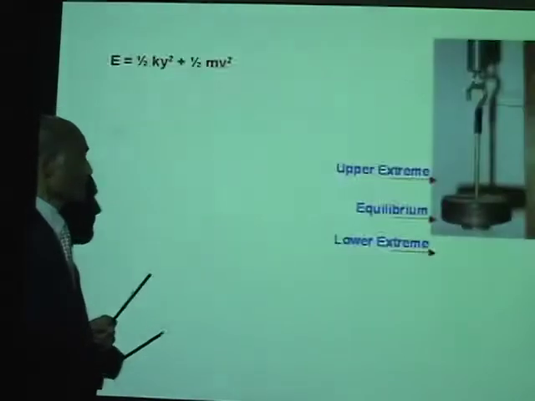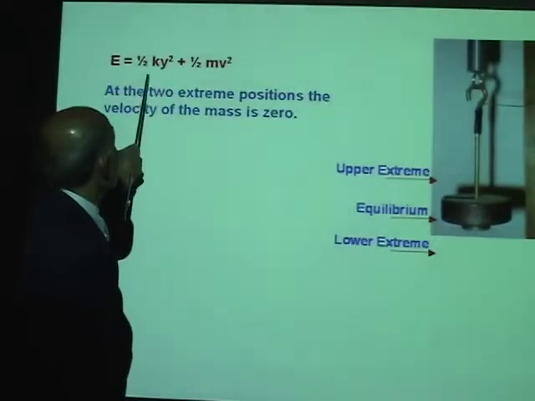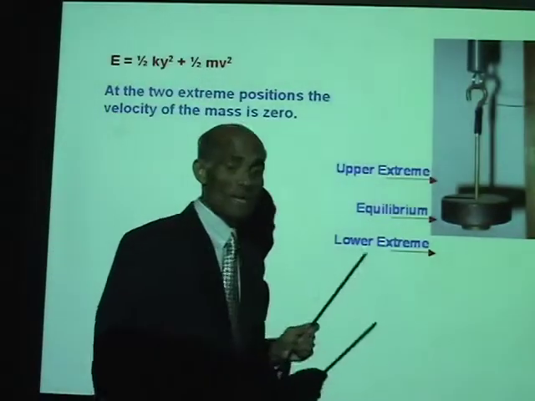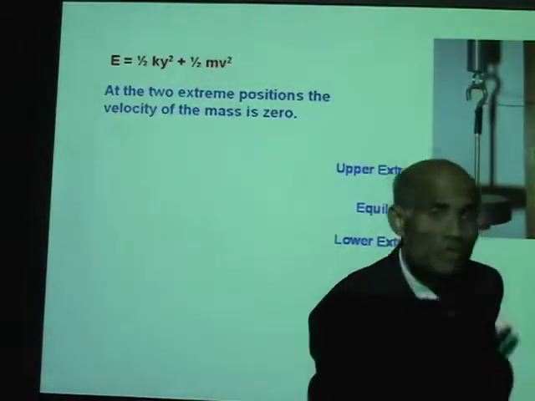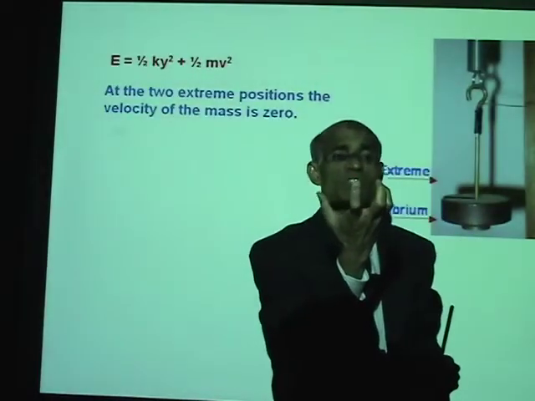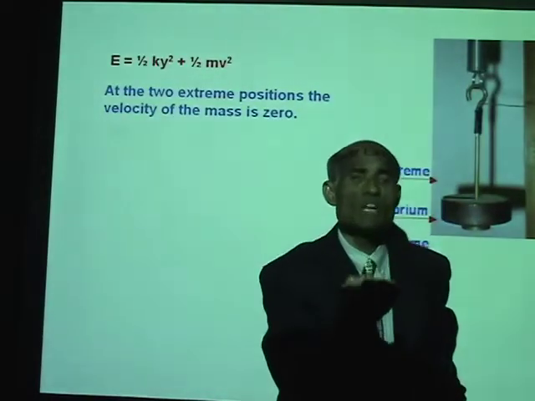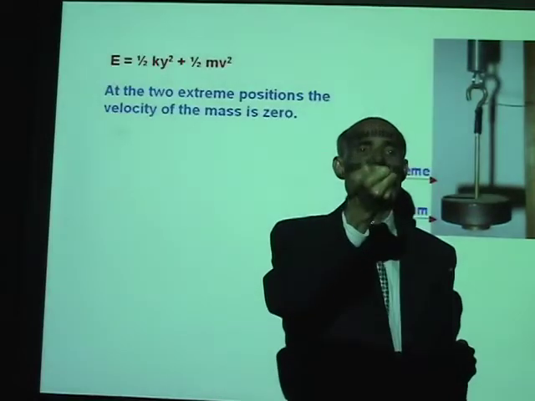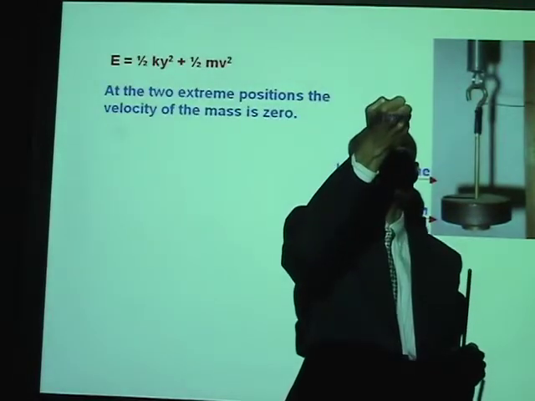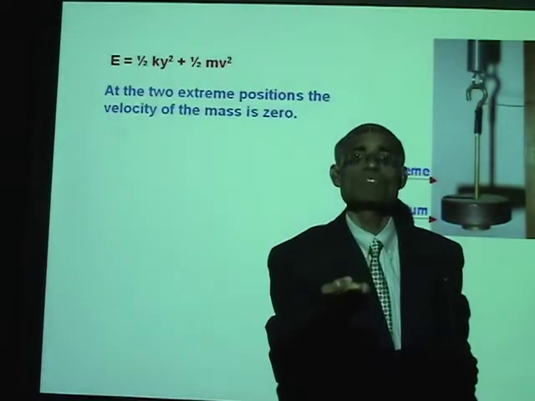Now the total energy when the oscillation continues: what we discussed in the last class was that the potential energy changes back to kinetic energy, and the kinetic energy changes to potential energy, and so on.